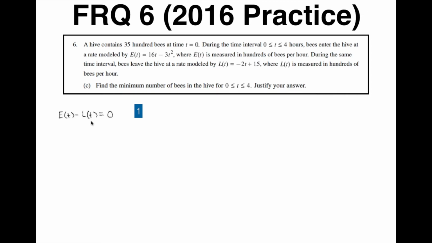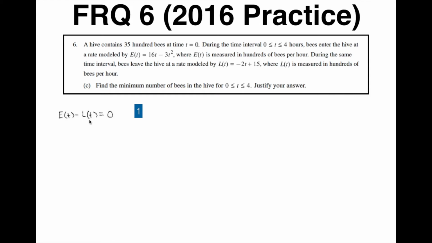So let's imagine for a moment that L of t was greater than E of t. What it means is that there's more bees leaving than there are bees entering. So logically, that could not be the minimum if we were in such a situation. If there's more bees leaving, then the number is currently going down and the minimum is still to come.